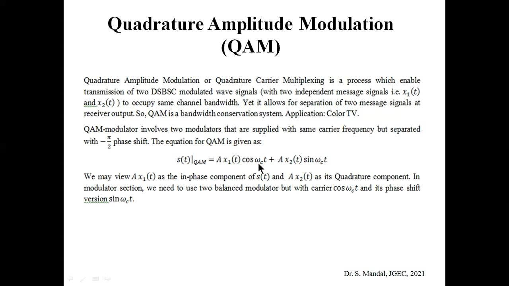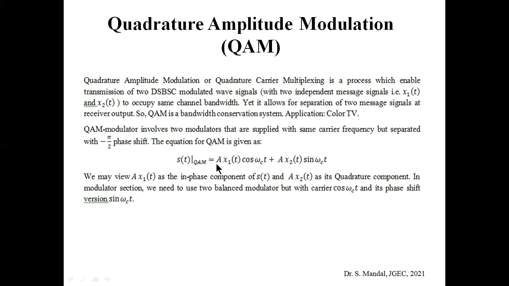That means the two carriers used to modulate the two different baseband signals differ by minus pi by 2 phase, because cos(omega_c t minus pi by 2) is nothing but sin omega_c t. So it is quite interesting to observe that by using a single carrier frequency we can send two different messages.